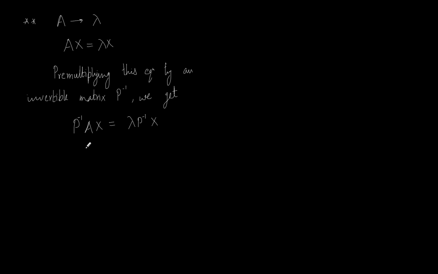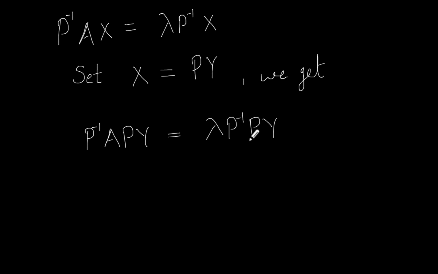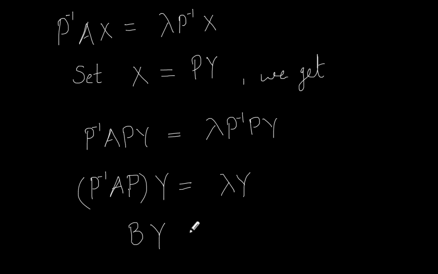If we set x as P y, so that P inverse P is the identity matrix, then because P inverse AP is the same as the matrix B, as A and B are similar matrices, we have By is equal to lambda y.